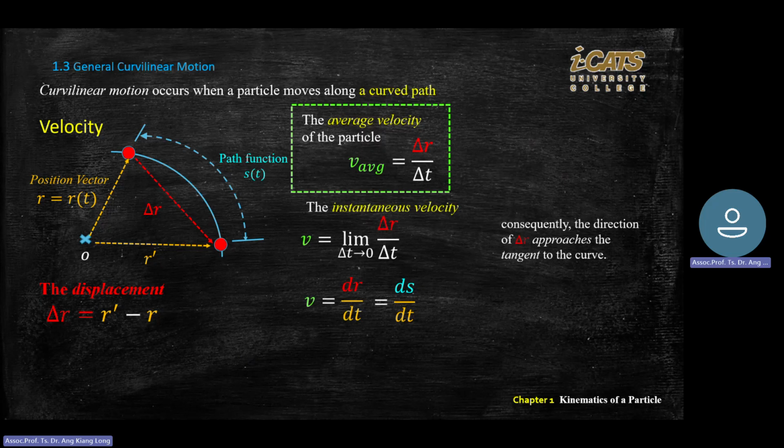With this, V average is delta R over delta T or delta S over delta T, but this is curvilinear motion, so we use R. To remove the triangular delta, we take the limit, meaning we freeze the time to 0, and we can change the delta shape into d. So I put it here because I want to put side by side the difference between curvilinear motion and rectilinear motion. Basically, they are the same thing.